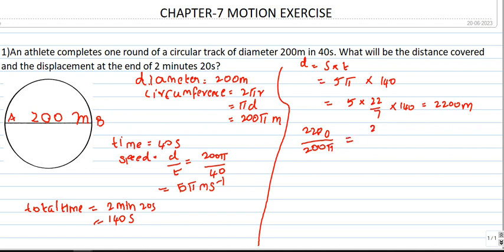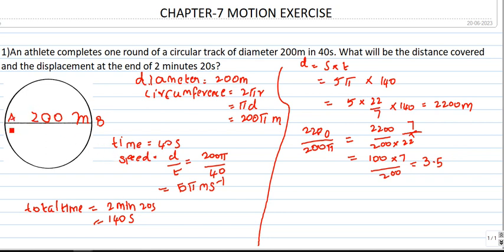So this is 2200 by 200 into 22, and we have 7 in the numerator. So this will be 100 into 7 by 200. This comes to be 3.5. So this 3.5 means he goes round the circle 3.5 times.